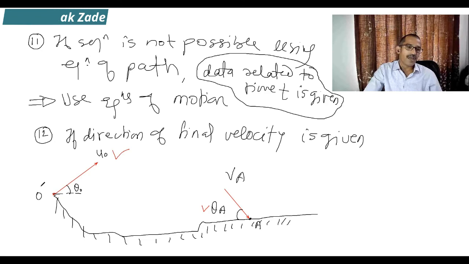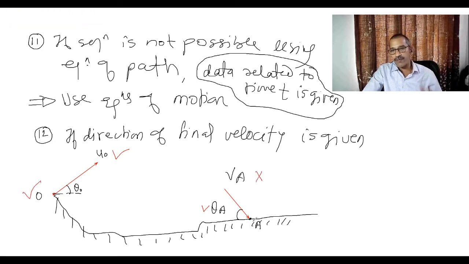U0 is given, theta 0 is given, and V is unknown. In one step, you can find the final velocity of the projectile, the velocity with which it strikes. How will we find it? The very first point is that along the x-axis, in the horizontal direction, the component of velocity remains constant. That means VAx equals U0x.